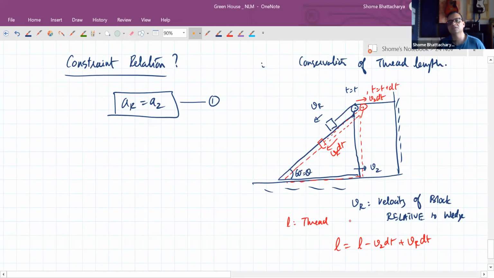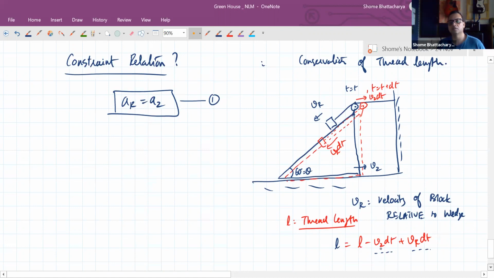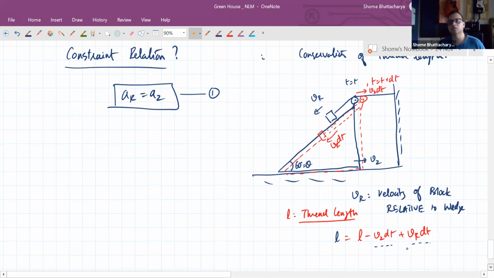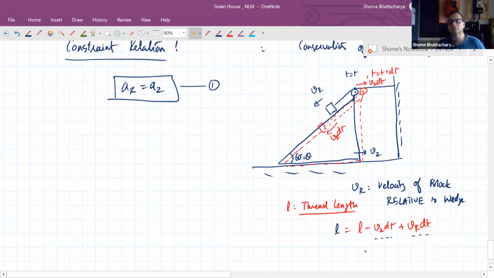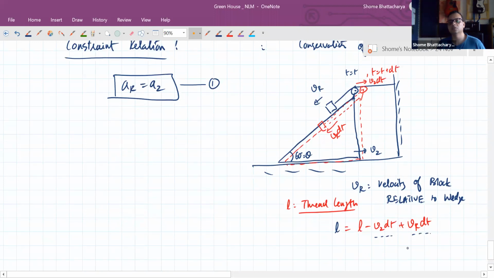If you compare the first diagram with the second, in the first diagram the total length of the thread was L. In the second diagram, the horizontal part has reduced by V2 dt, but the inclined part has increased by Vr dt. The net length should be the same. So V2 is equal to Vr. Differentiating this, A2 is equal to A relative. That's how we get the constraint relation.